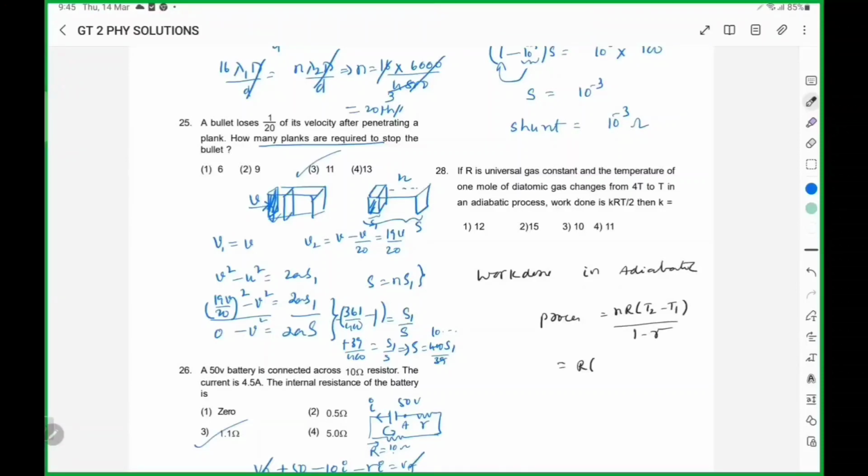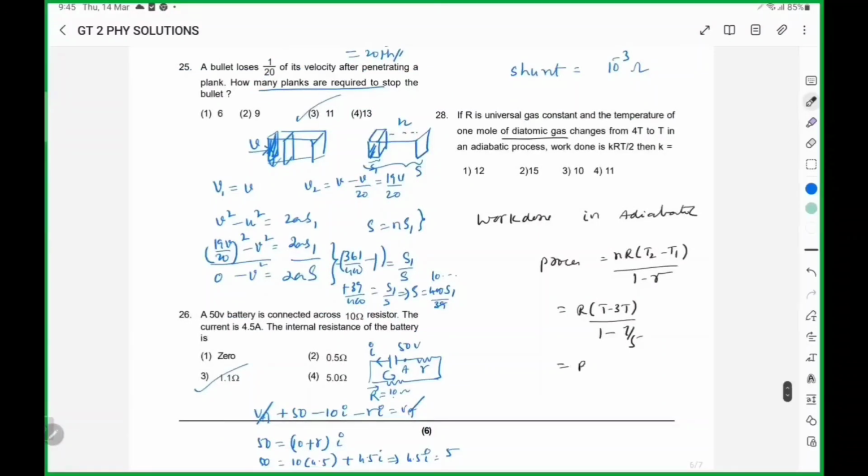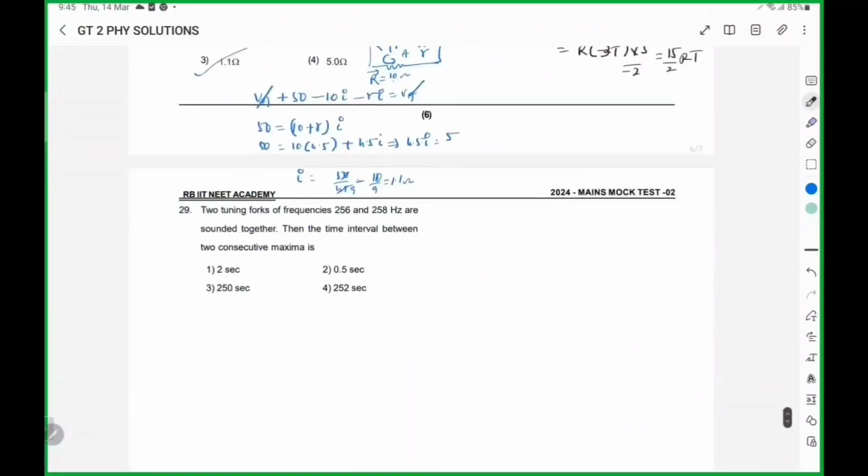For 1 mole, T2 is T minus 3T by 1 minus gamma, where the gas is diatomic, so gamma is 7 by 5. So R into minus 3T into 5 by minus 2 gives 15 by 2 RT. So the K value is 15.